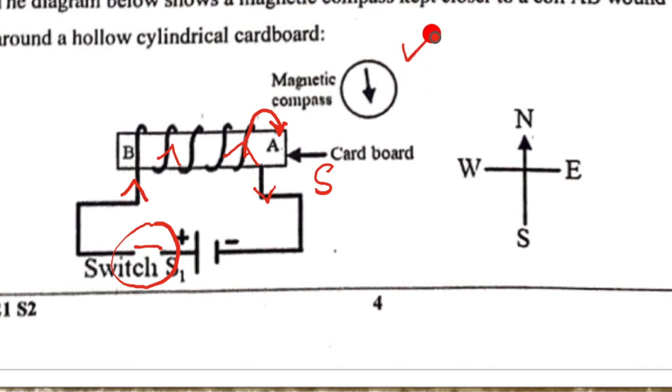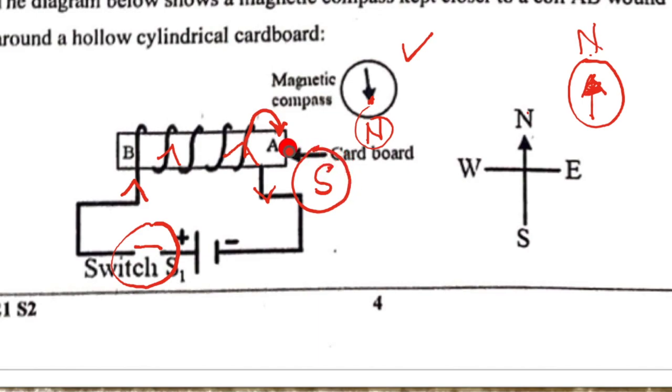Now the key over here is this magnetic compass. According to the Earth's magnetic field, the magnetic compass should be like so, which means this is north. So the north of the needle should point here, upward. But the north is pointing downwards, which means the north of this magnetic compass has got attracted to this south, which is the polarity formed at A. Now, this has already shown the deflection from vertically upwards to vertically downwards, can you see that?